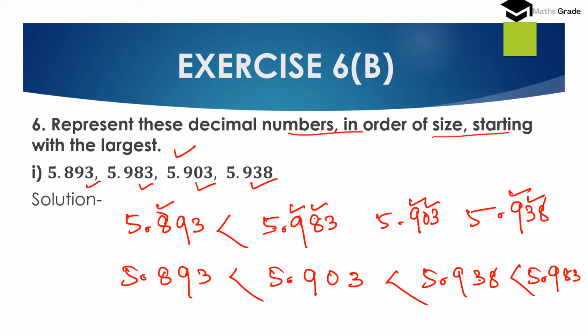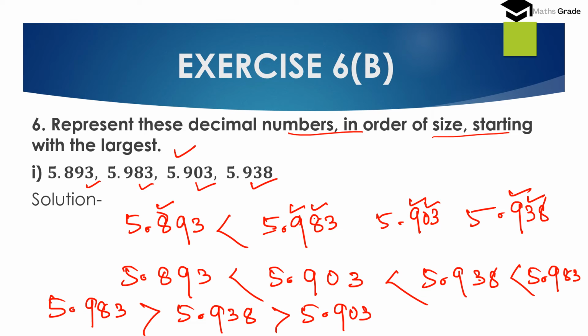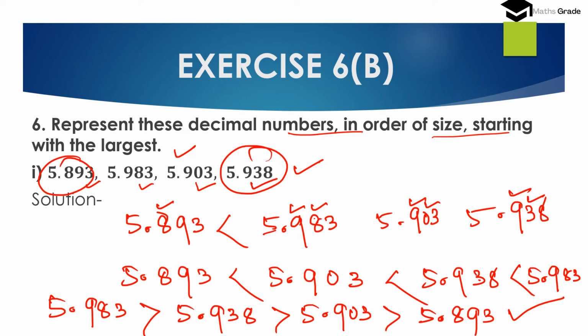So represent the decimal numbers in order of size, starting with the largest: 5.983 is the largest decimal, then 5.938, then 5.903, then 5.893. So 5.983 is the largest decimal and 5.893 is the smallest.